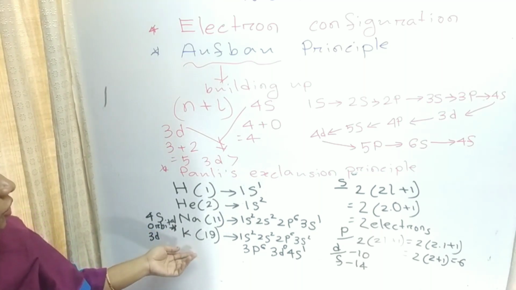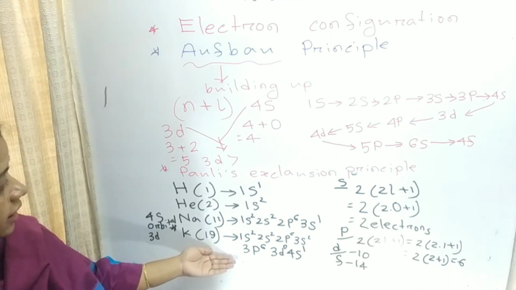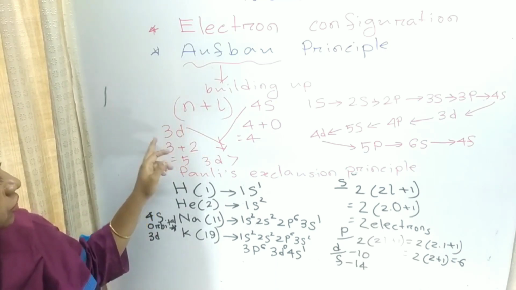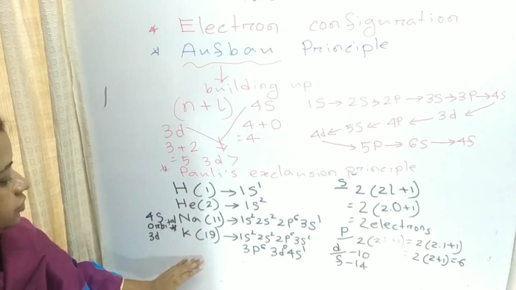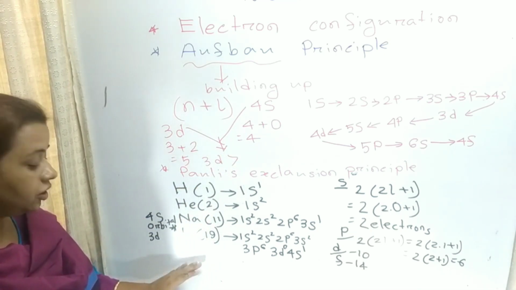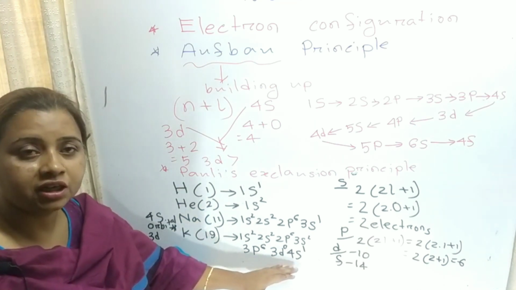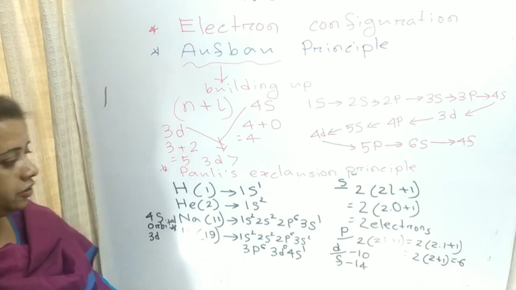Then you will show how you can understand which one is lower and which one is higher through the n plus l formula. By the n plus l formula, you will show the value of 3d and the value of 4s. In this way, you will write that for this reason, the last electron of potassium enters into the 4s orbital instead of the 3d orbital. Is that clear to you? Okay.